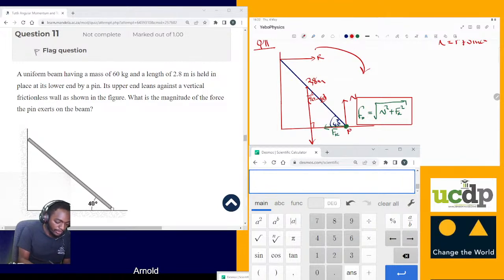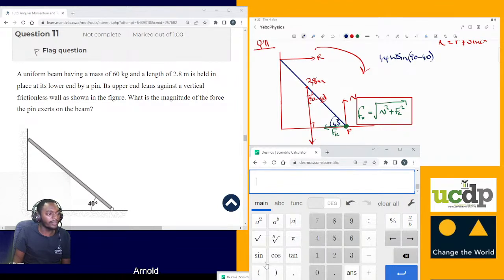All right, so it's going to be 1.4 and the force is W sine 90 minus 40. Is it sine 90 minus 40, which is sine 50?